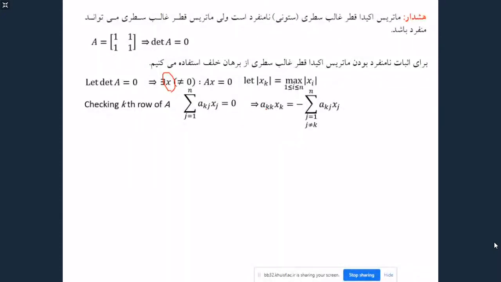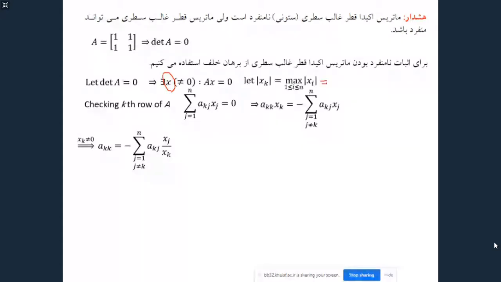We put a_kk x_k on the left-hand side and the other terms on the right-hand side. That will be minus the summation over j from 1 to n, j not equal to k, of a_kj x_j. We know x_k is not 0.